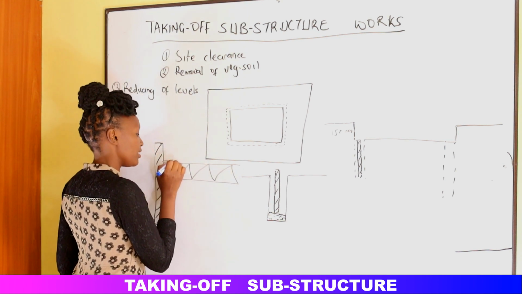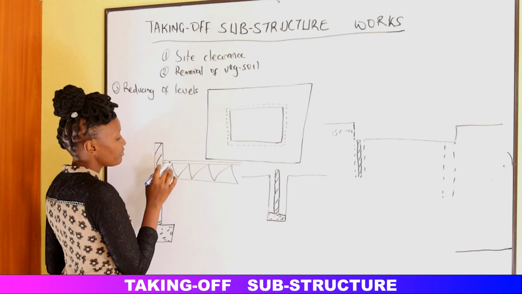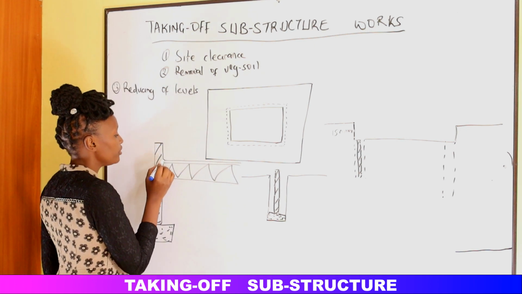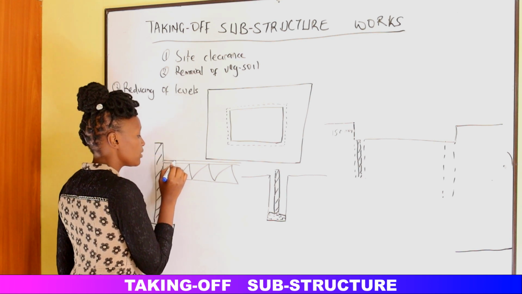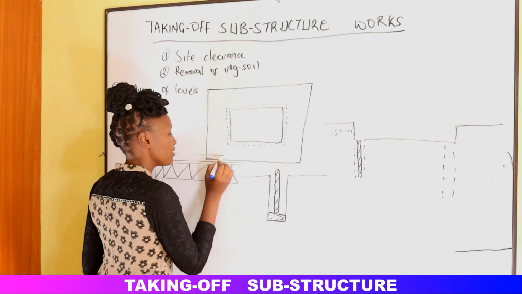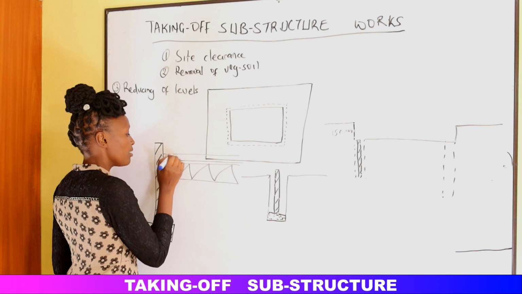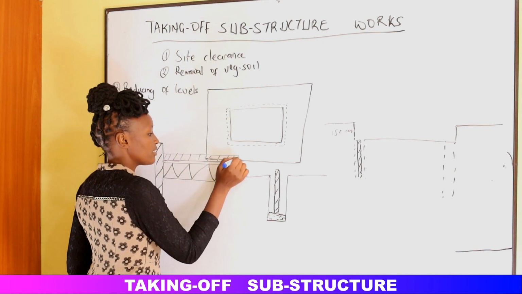Then here there is some marram blinding. After the marram blinding, we shall do the DPM. The DPM will be here. Then we shall do the mass concrete, the VRC, vibrated reinforced concrete.